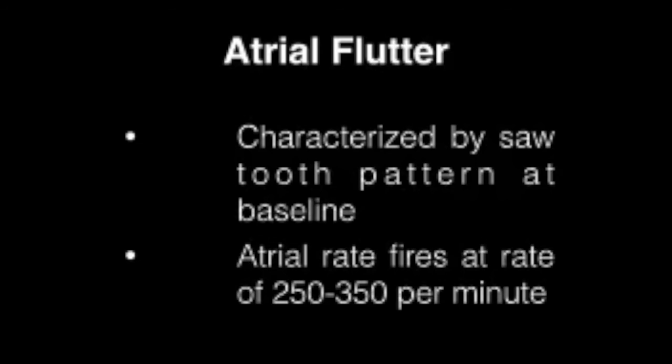If we have two sawtooth bumps occurring between the QRS complexes, we refer to that as a 2-to-1 conduction delay, and you can really see anywhere from a 2-to-1 conduction delay to a 4-to-1 conduction delay. The conduction delay just refers to how many atrial conductions occur to each ventricular conduction. Atrial rates fire at a rate of 250 to 350 per minute.